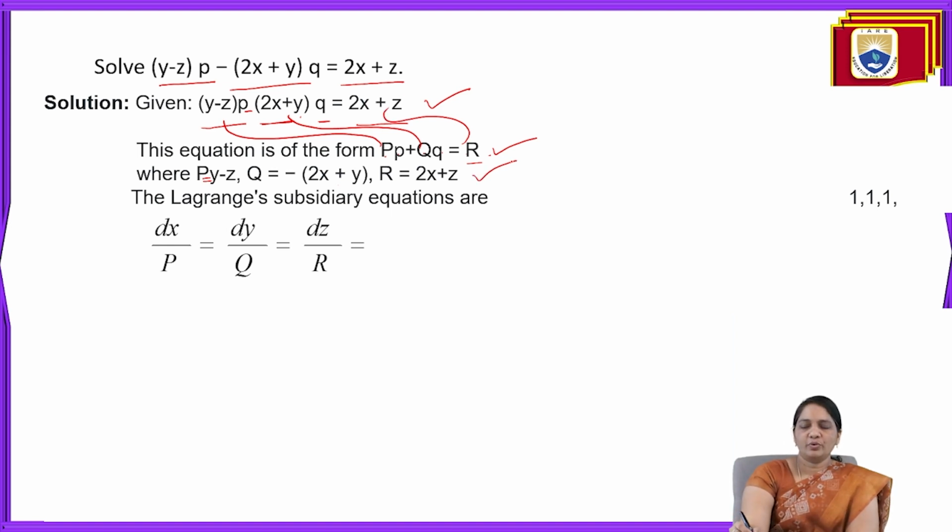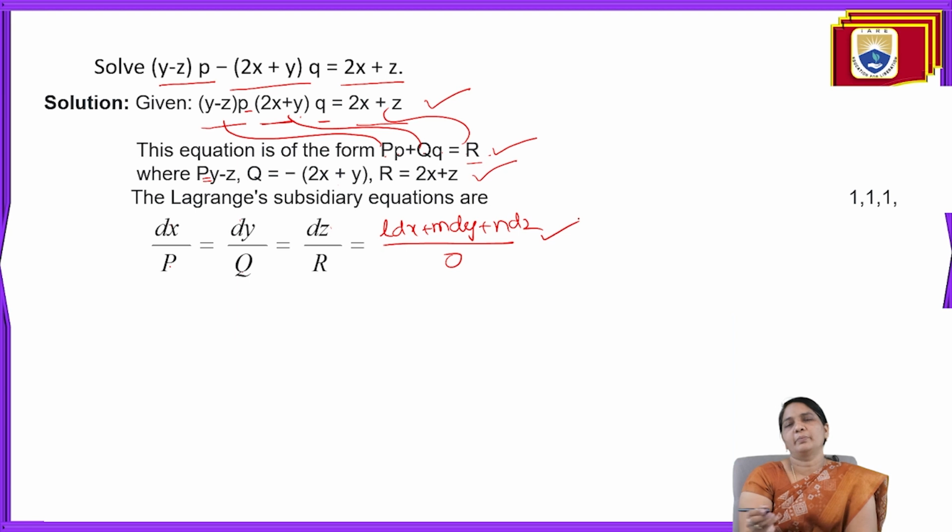Now I am going to replace the P, Q, R values in the subsidiary or auxiliary equation, dx by P equal to dy by Q equal to dz by R, which should be l dx plus m dy plus n dz by 0 according to the multipliers method.